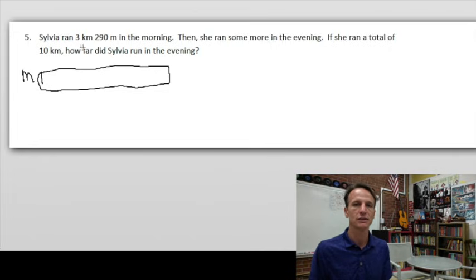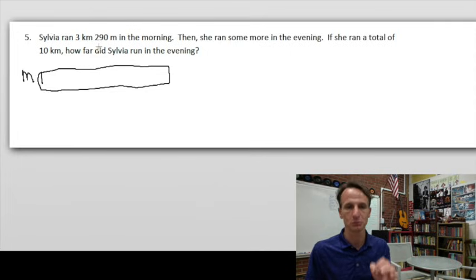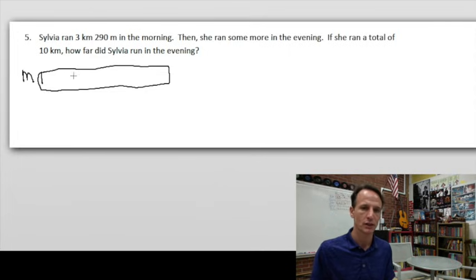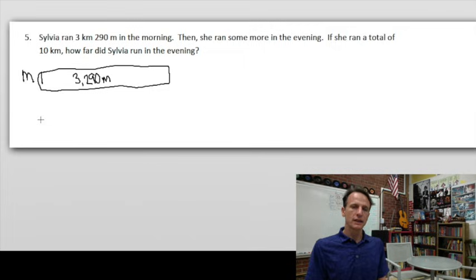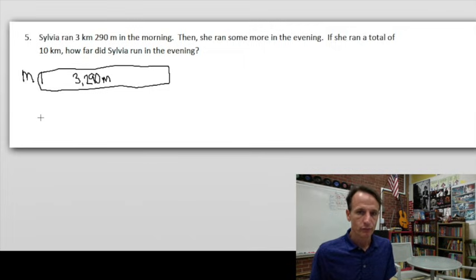So 3 kilometers, 3,000 meters. Okay, see how that works? So this is 3,000, and then we have 290 meters.